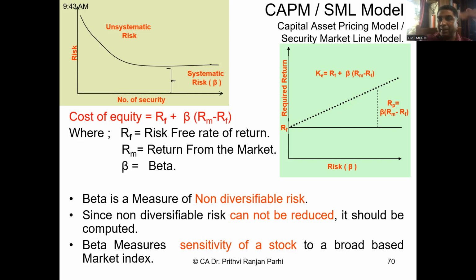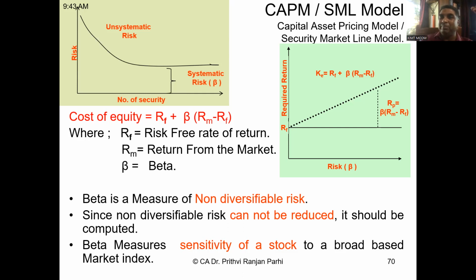Okay, and this beta refers to the sensitivity of a particular stock with reference to the market. Let us say the market is going up by 10% and this stock is also going up by 10%. That means this particular stock is exactly following the market.